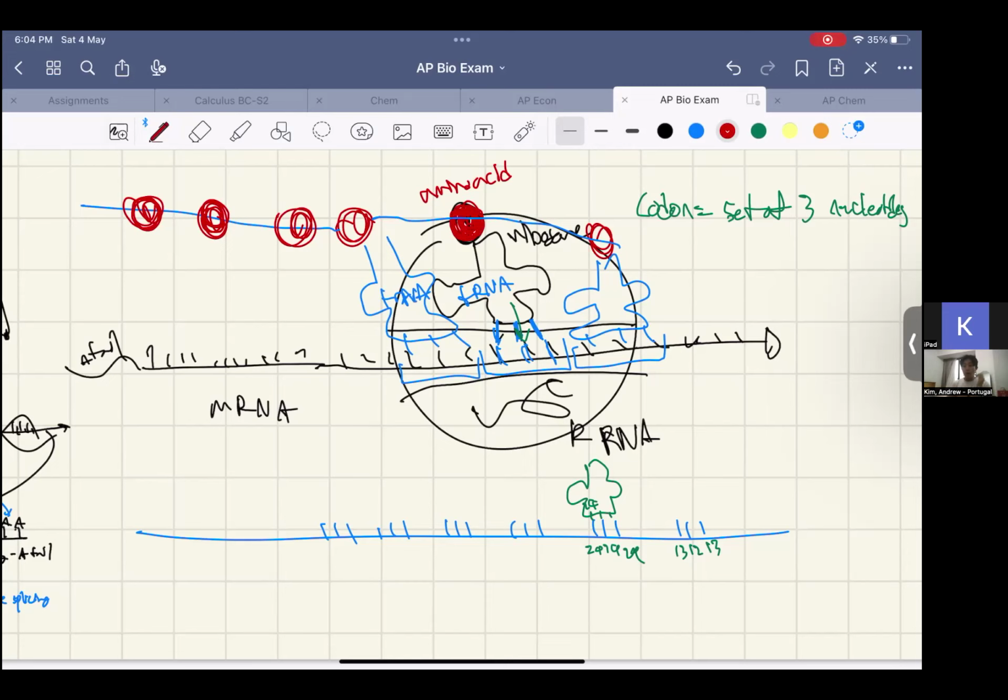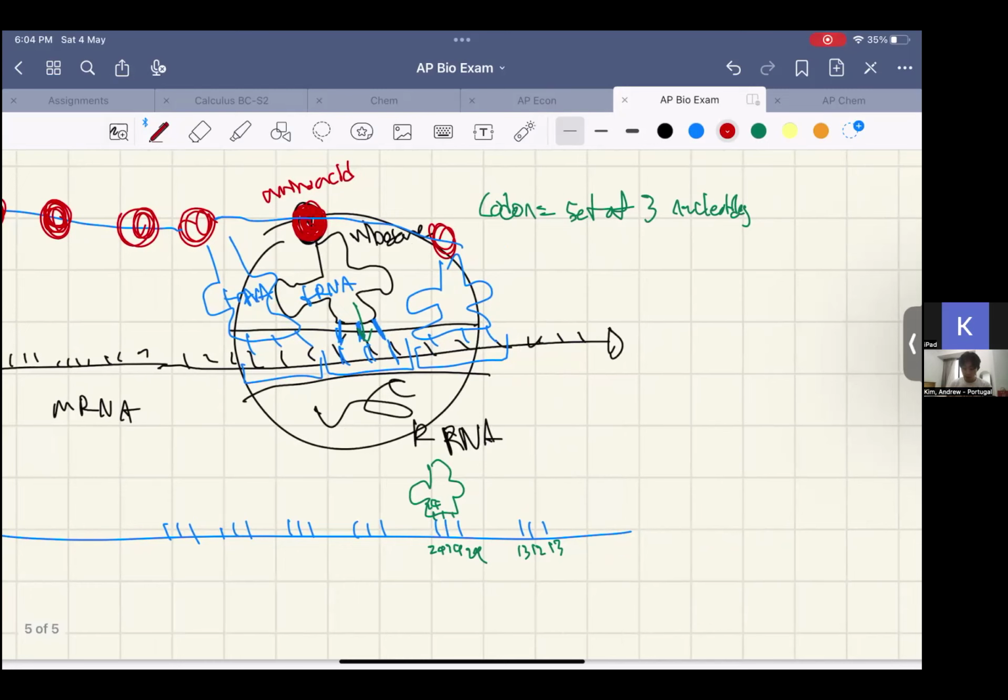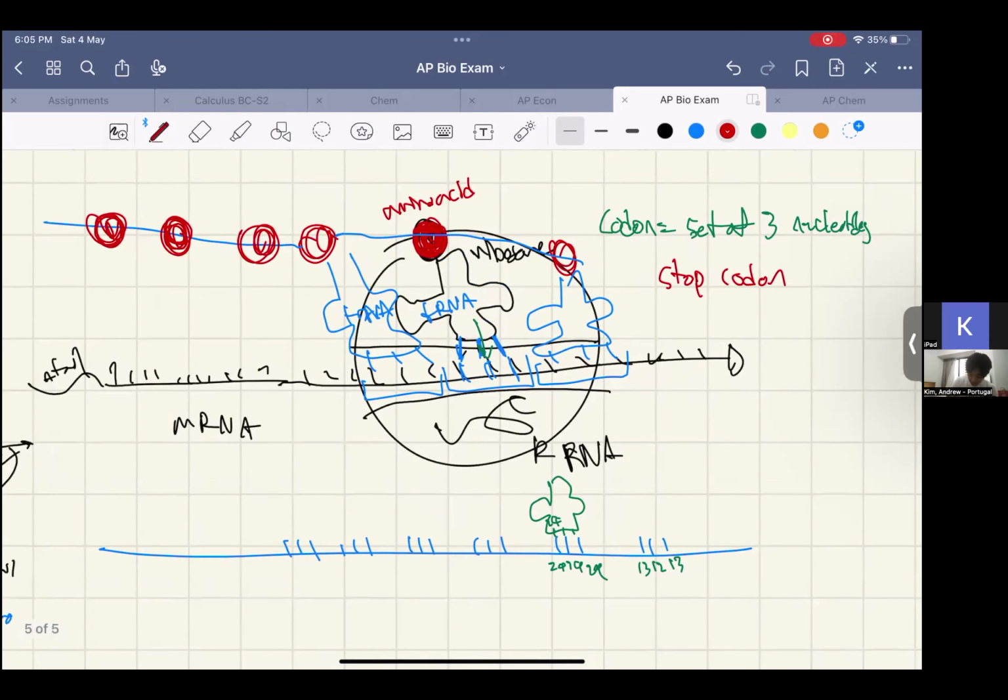Now, there are a lot of different types of codons, but one important codon you have to remember is something called the stop codon. Tech tRNAs will continue bringing the matching amino acid based on their codons, the set of three nucleotides, but there is a specific unique set of nucleotides that codes for stop, okay? There will be a group of girls that say stop, okay?